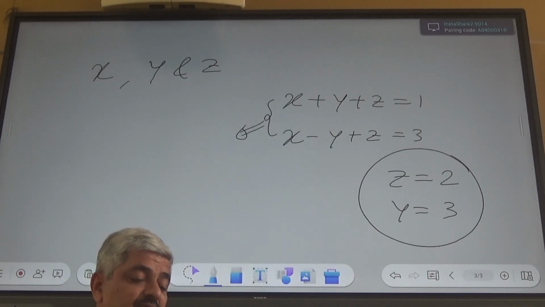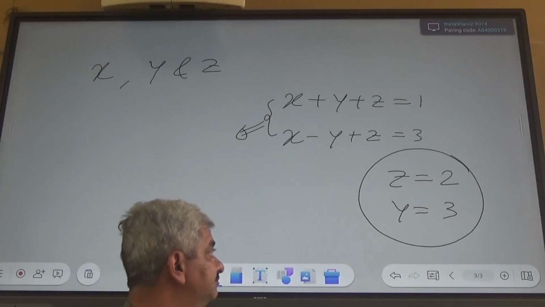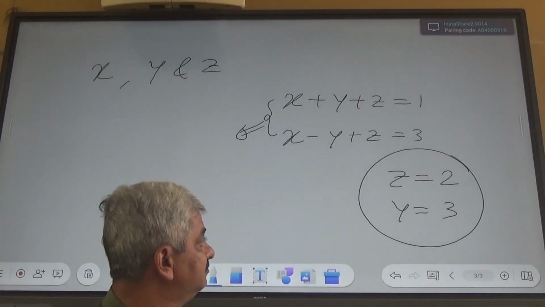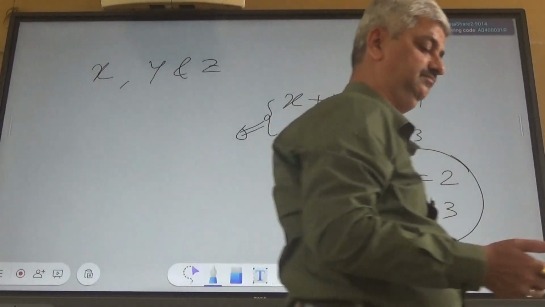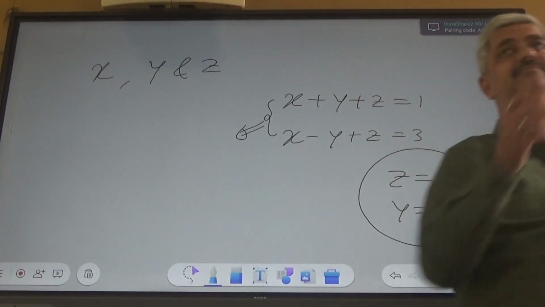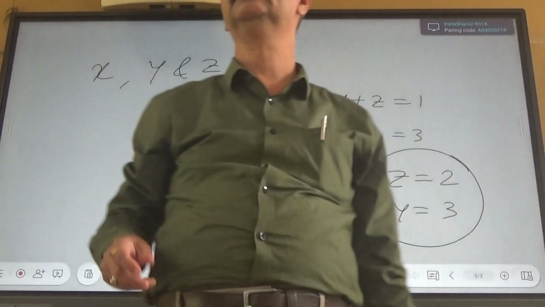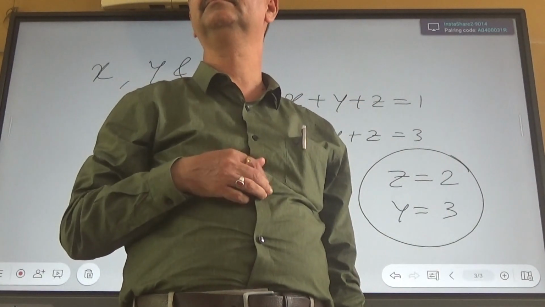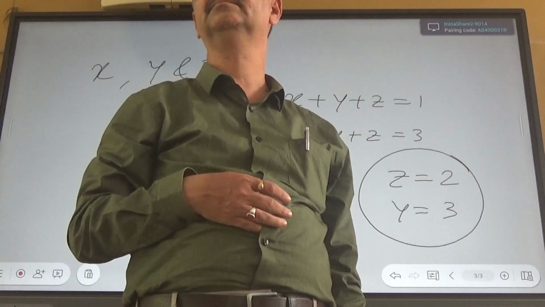Anyone? What happened? Three planes intersect with each other, but not at a certain point.